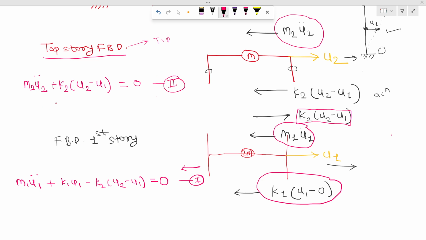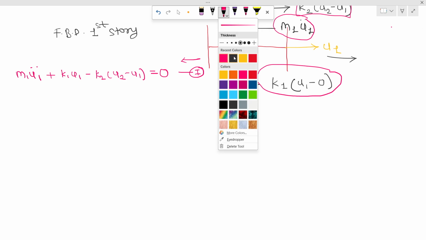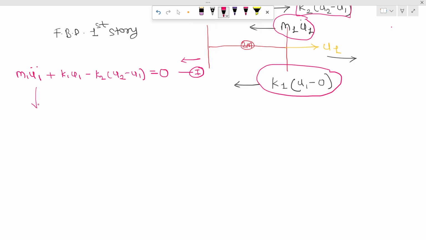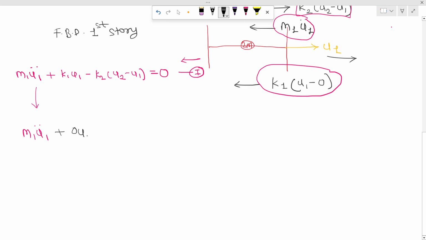Okay. For more simplification, I will rewrite equation 1 once again, but with a little change. As you can see here, m1 u1 double dot. Now there is no u2 double dot term, so I will just write plus 0 u2 double dot.